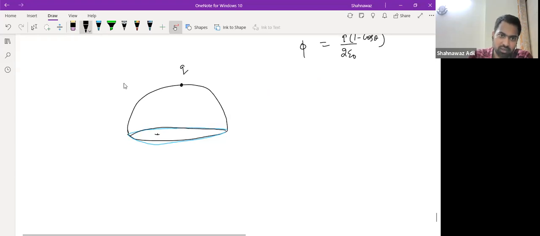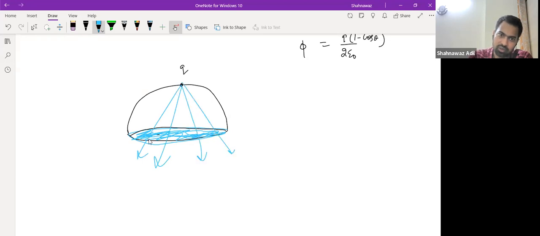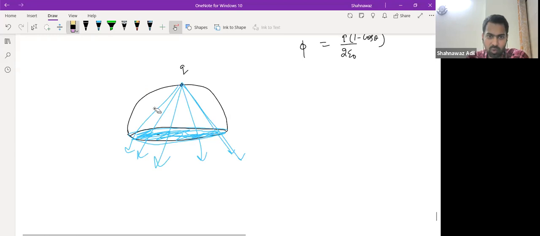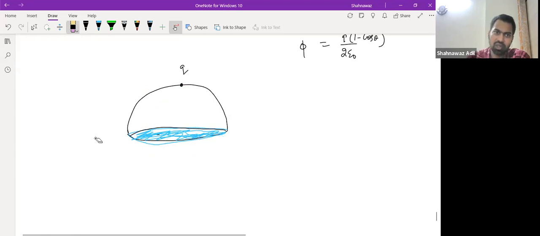Any idea, guys? Tarif, Chavez, Faiza? We need to calculate the flux passing through this region, the electric field lines passing through this region. No idea? Okay.